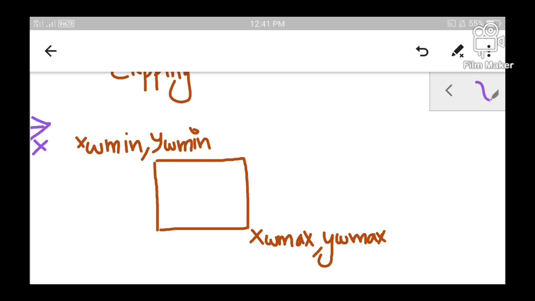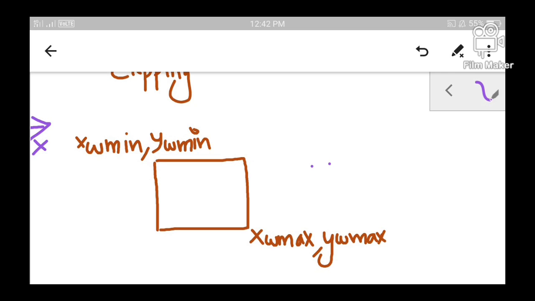By outside the boundary, I mean even if it lies outside the left boundary, or outside the right boundary, or outside the top, or outside the bottom boundary. If the point lies outside any of the 4 boundaries, then the point has to be clipped off. And the point needs to be saved only if it lies within all the 4 boundaries.